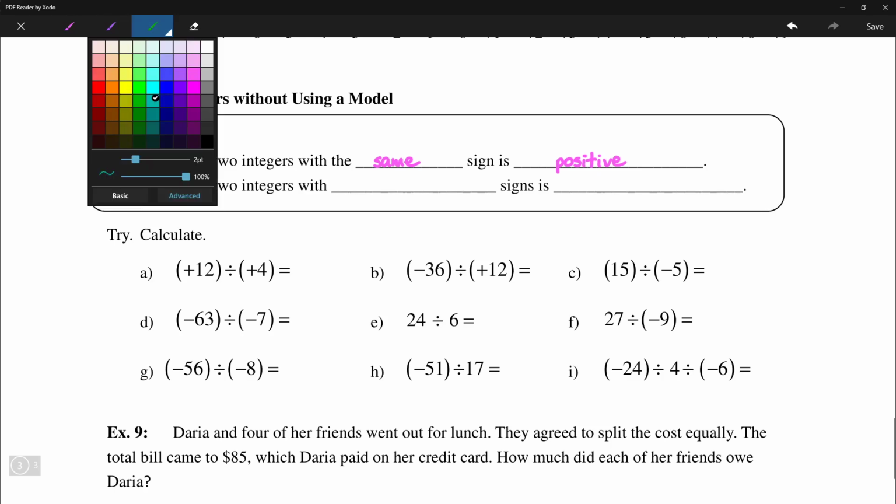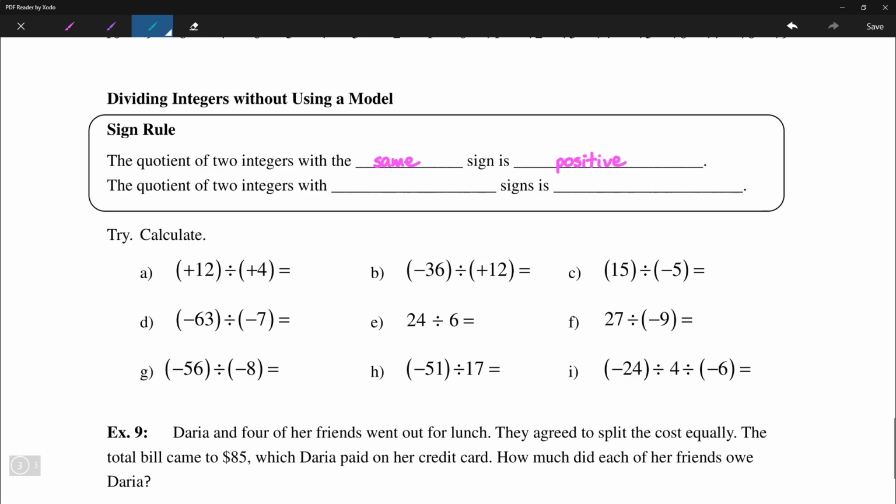On the other hand, if the two integers have different signs, then the result will be negative. So either a positive integer divided by a negative integer, or a negative integer divided by a positive integer, the result will be negative.